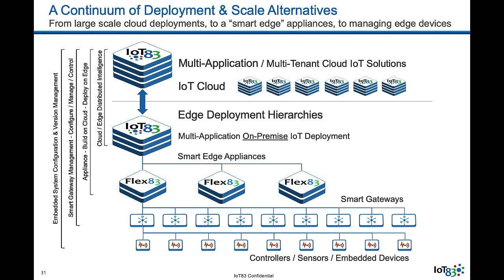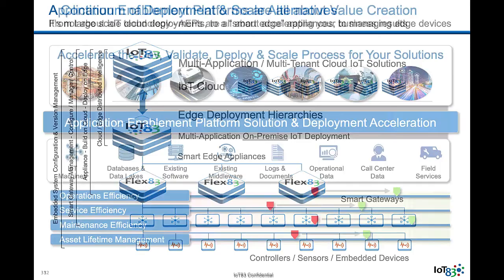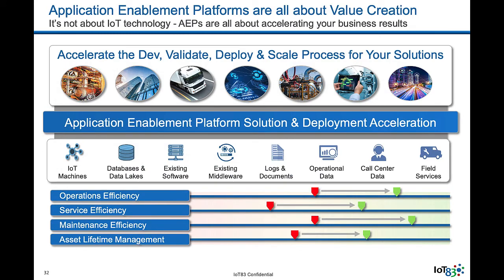Scaled down still farther, Method 83 capabilities or Flex 83 can be deployed as smart edge appliances. And all of these can be used in a very tight coupling between smart gateways and end devices for intelligent edge deployments.